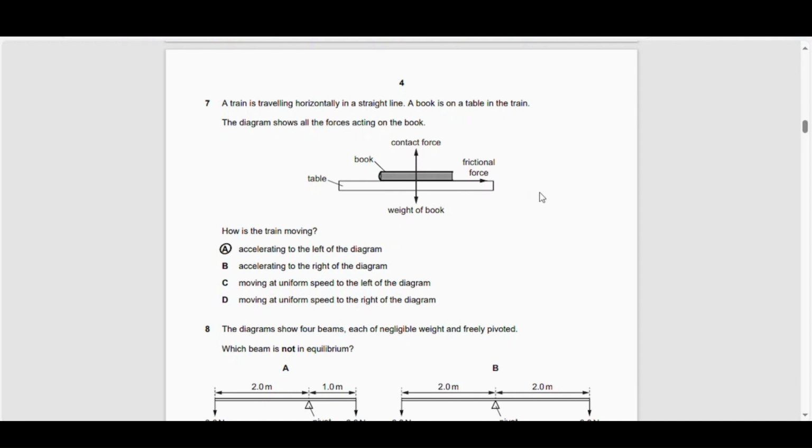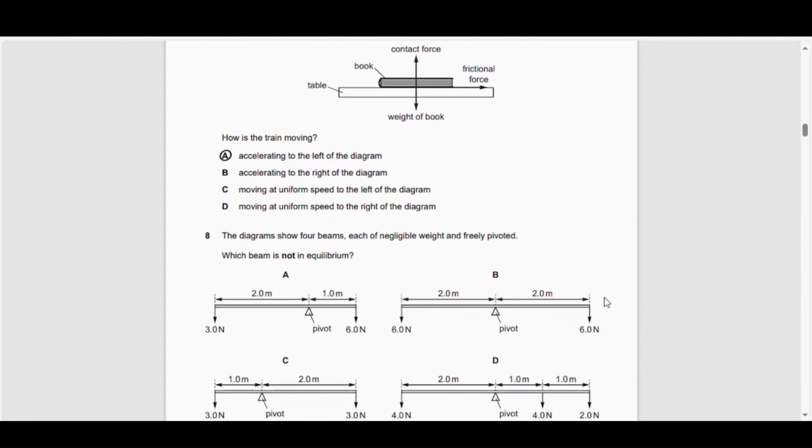And then understandably, when there is a force of friction, the object is going to be accelerating, right? Because it's pushing the object closer towards the left than it is towards the right. Therefore, the object will be accelerating to the left in the diagram.